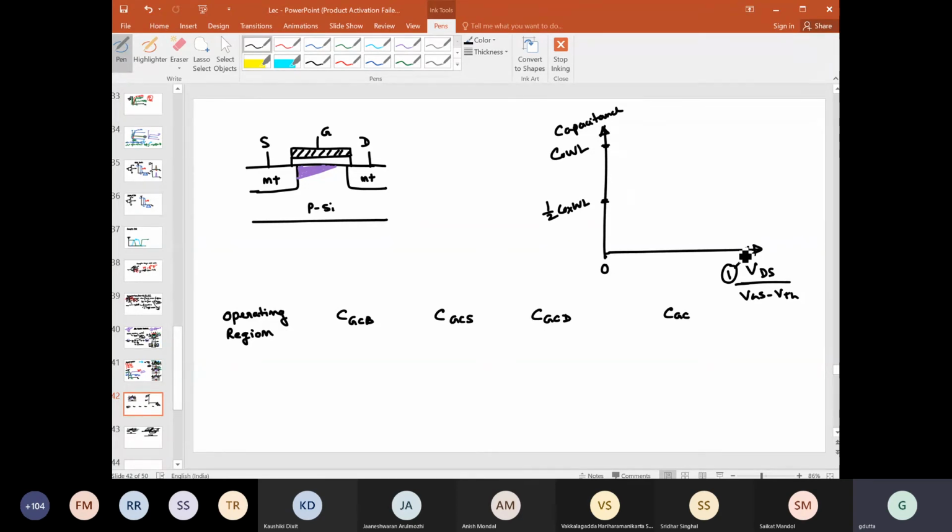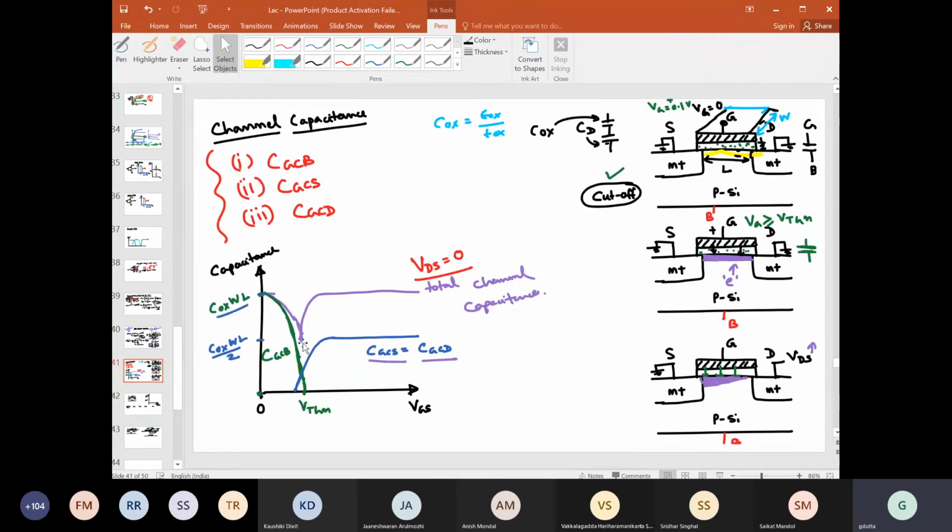Now this point is 1, meaning VDS is equal to VGS minus VTH, right? And when VDS was 0, that means we are here. Let us see how we have calculated it. The channel has formed, so VGCB is 0, that is fine. VDS is equal to 0, so for a particular VGS we can see CGCS is equal to CGCD.